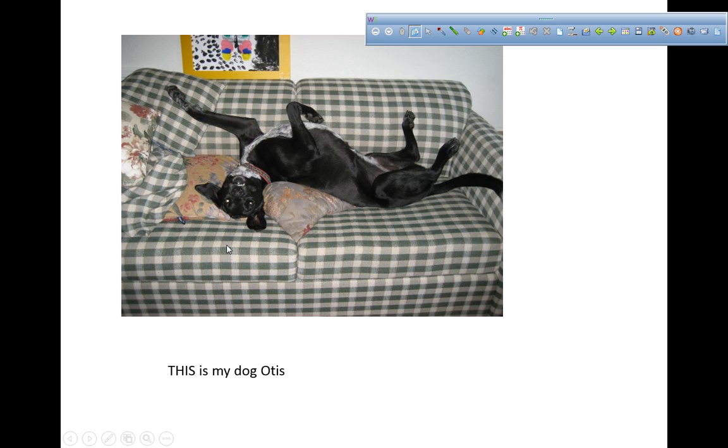But Otis, he was a professional dog model. Just kidding. But this was his favorite position on the couch. Isn't he cute? Poor Otis. How did he die? I don't know. He just, I don't know what happened.